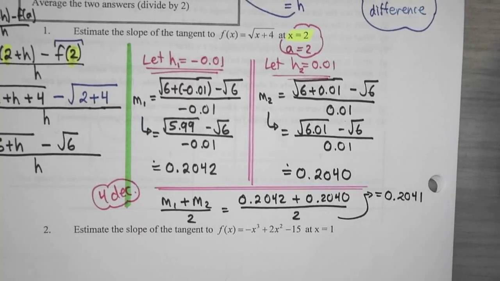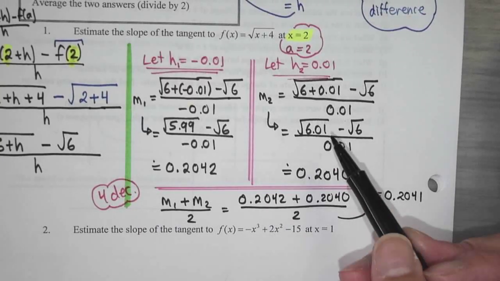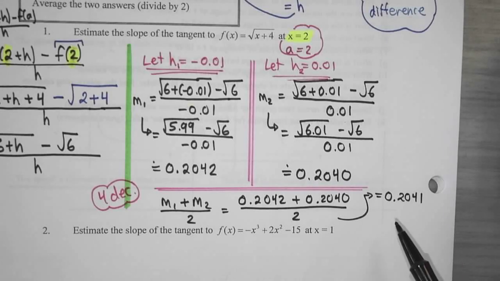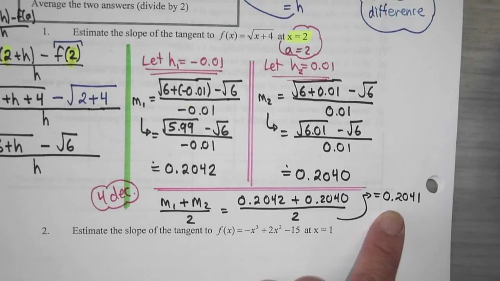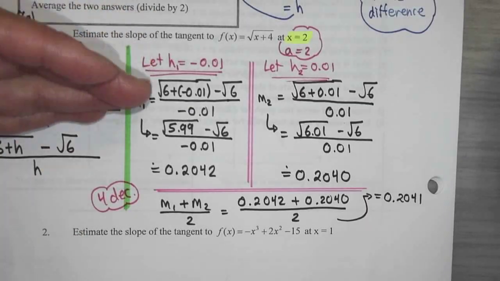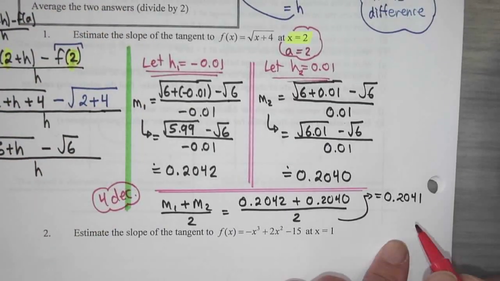So if I ask you to estimate to 1 decimal place, I would still keep the 4 decimals throughout the question and then round at the last step. In this case, I just left it because I didn't say what to round to, so I'll keep the 4 decimals. But if I say to round, I mean keep decimals throughout and then round at the end.